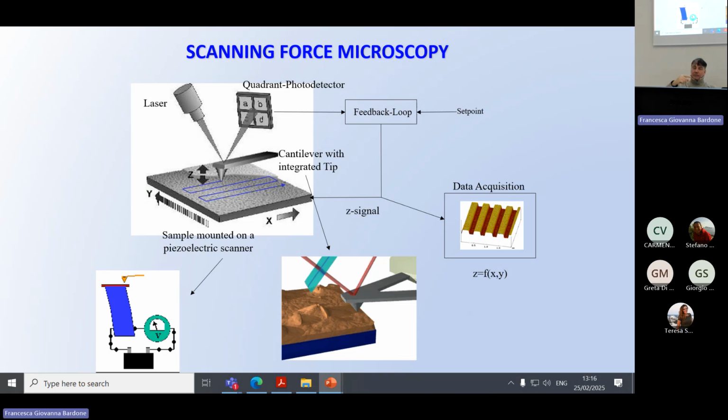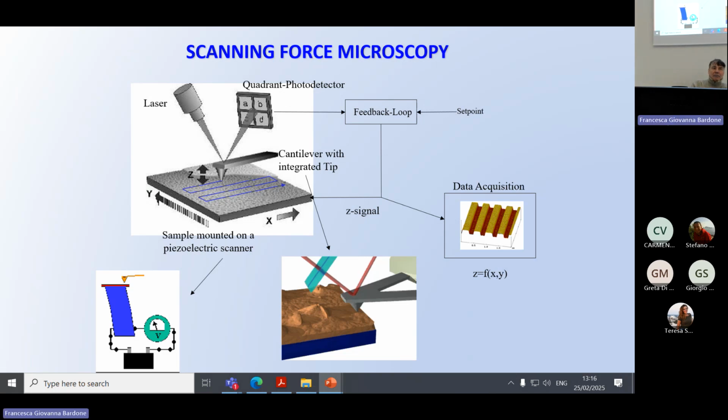If you have an attractive coupling, if you have an attractive force, what do you expect? The cantilever is deflected toward the sample. If you have a repulsive force, you expect a deflection of the cantilever outwards from the sample.